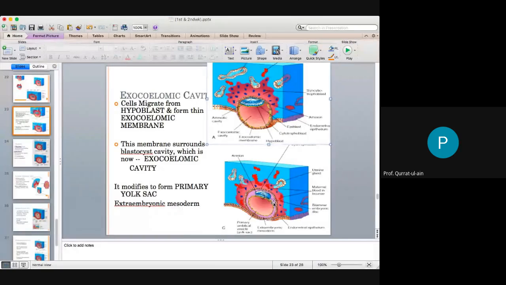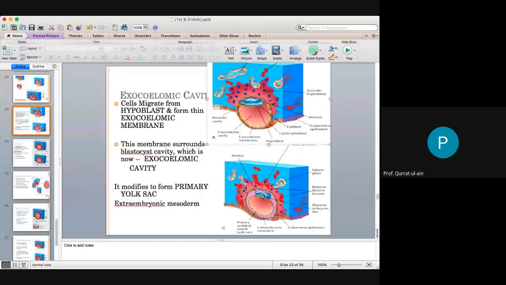In the next stage, in between these two membranes, this is the membrane of the primary yolk sac, which is continuous with the hypoblast, and this is the epiblast, and an amniotic cavity here. There is this purple connective tissue membrane, which is known as extraembryonic mesoderm, which will separate the cytotrophoblast from the primary yolk sac. Okay?